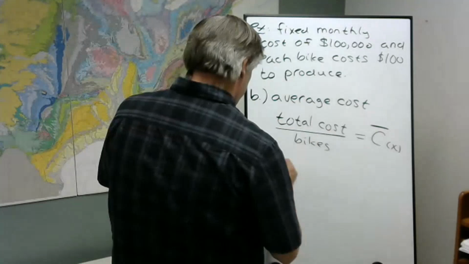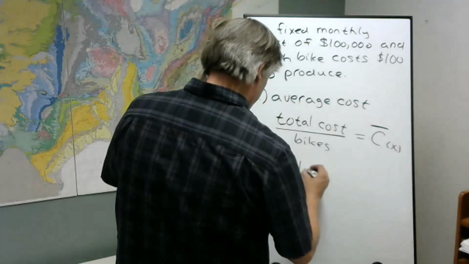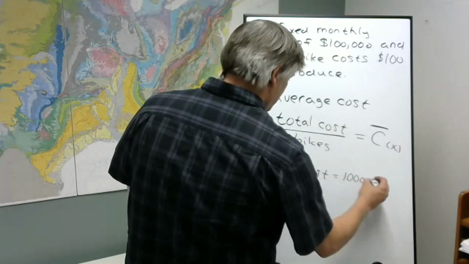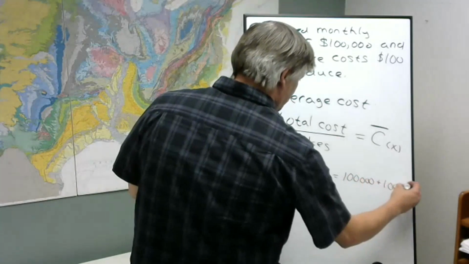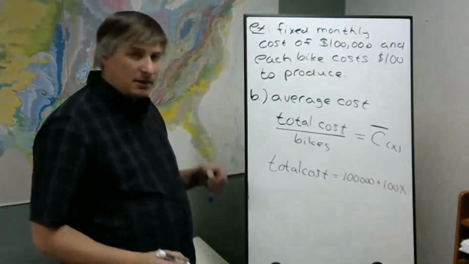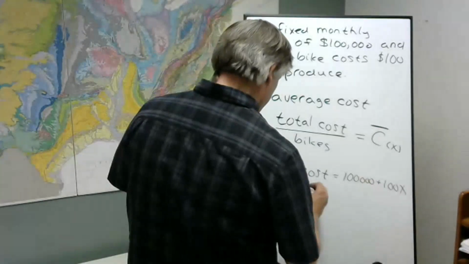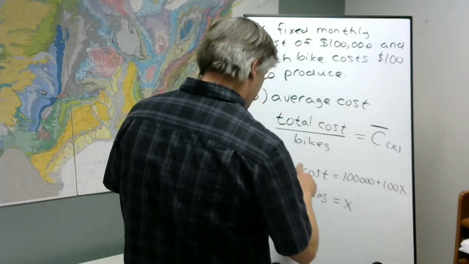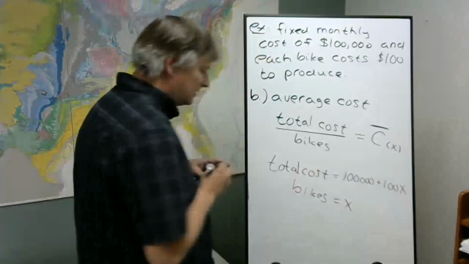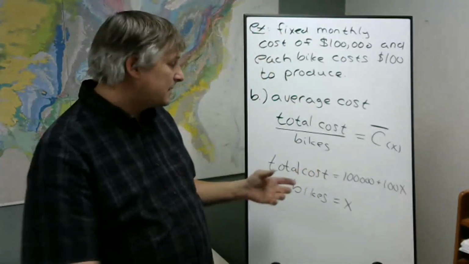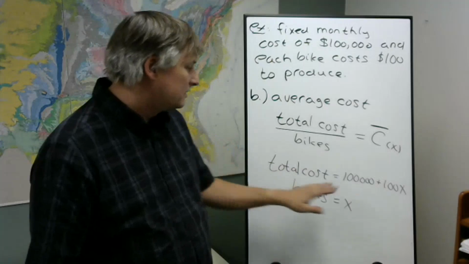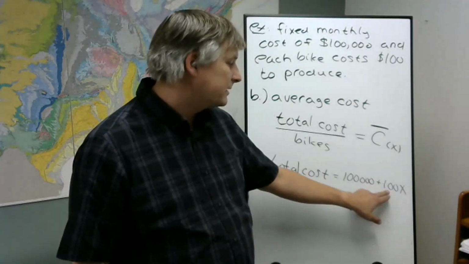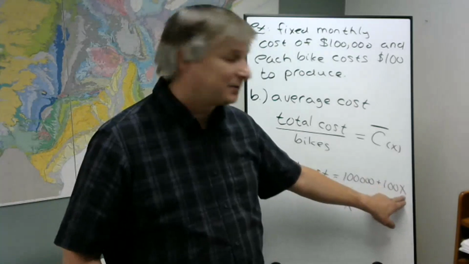Now, total cost, well, that was 100,000 plus 100x. Now, the number of bikes, well, that's going to be just x. Because we're producing bikes. If you think about the total cost function, fixed cost plus variable cost, that's the cost per bike times the number of bikes.